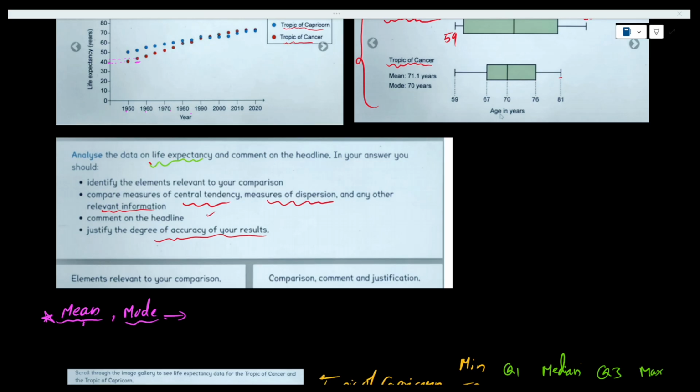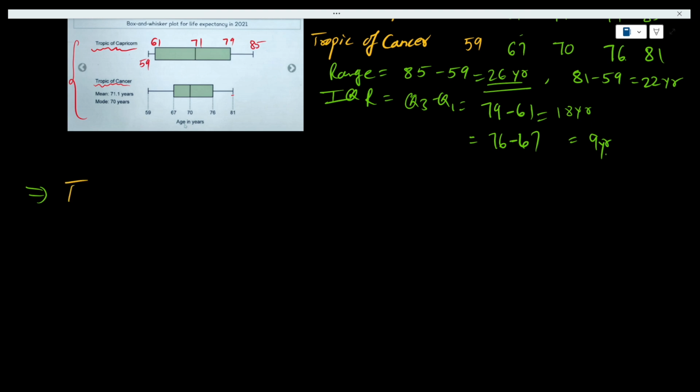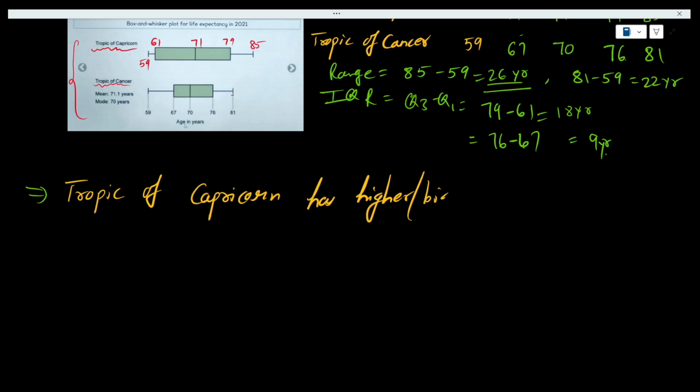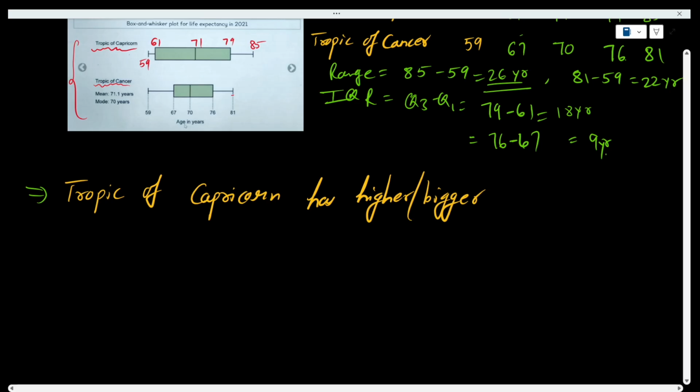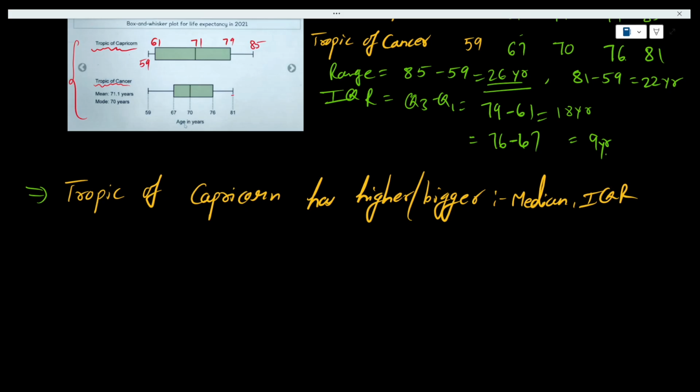So what are you going to do with it? It says that Tropic of Capricorn has higher median, interquartile range and range, right?